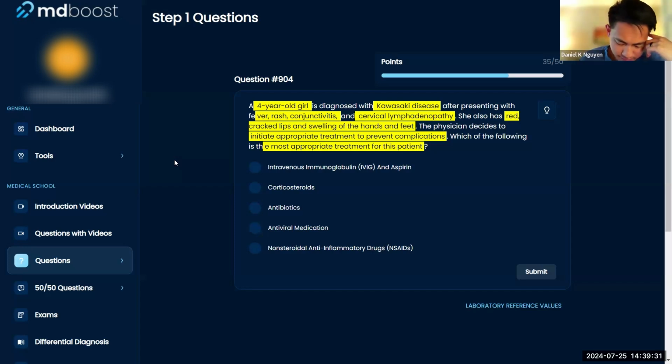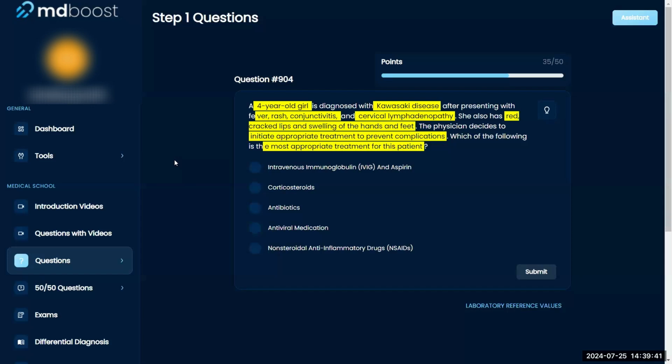What's your gut say? I can't remember if Kawasaki is the vasculitis that's caused by aspirin or you give aspirin. I don't know why you'd give IVIG and aspirin.